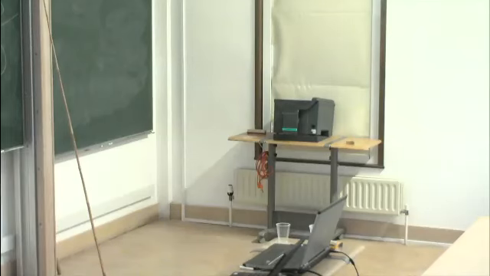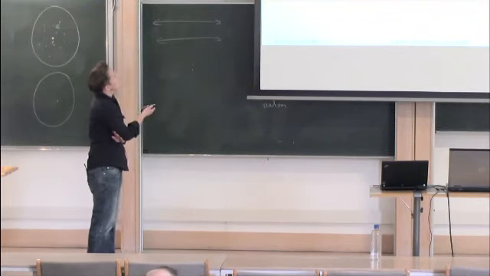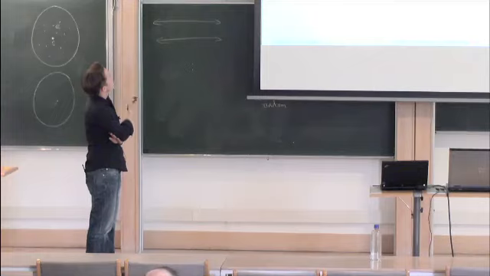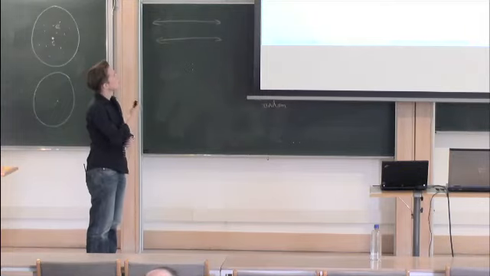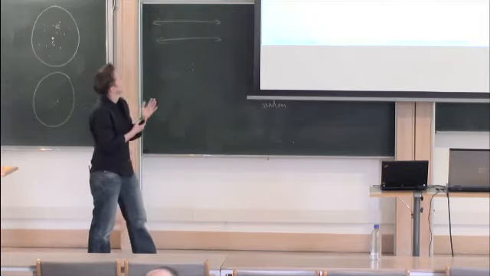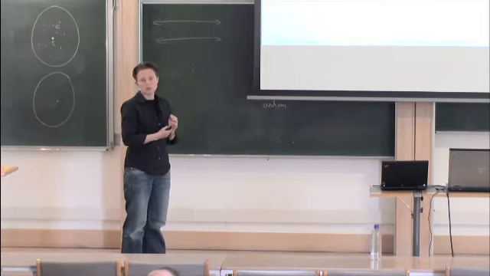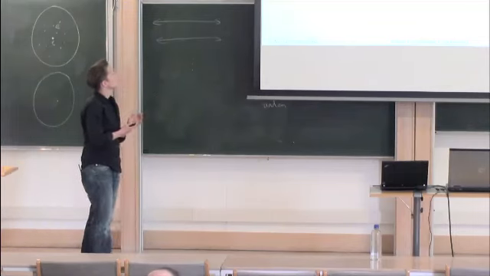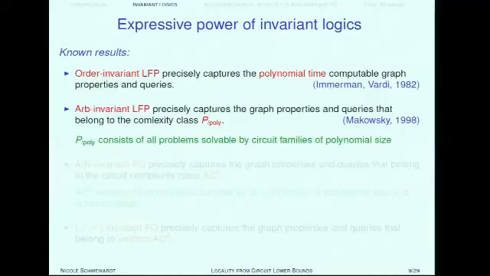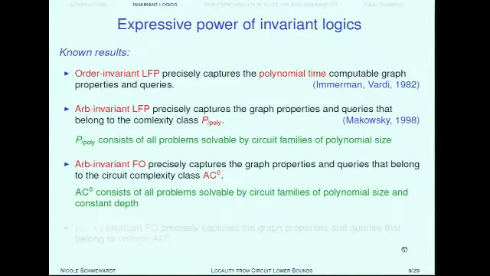Okay, and if we look at not order invariance but arb invariance, then Rossman had shown that arb-invariant least fixed point logic precisely captures the complexity class P/poly. That's all problems solvable by non-uniform circuit families of polynomial size. And how about first-order instead of least fixed point logic?